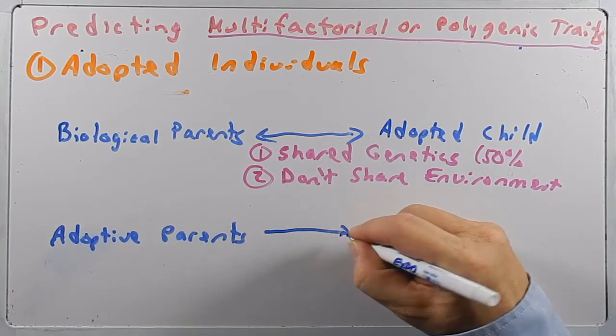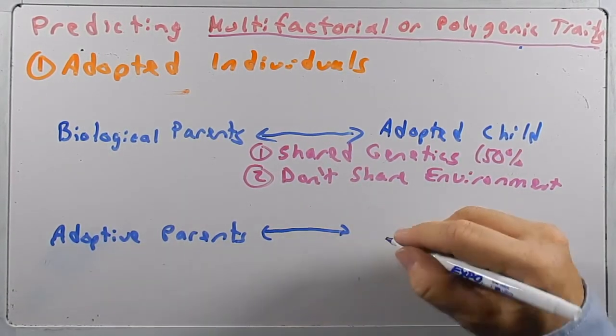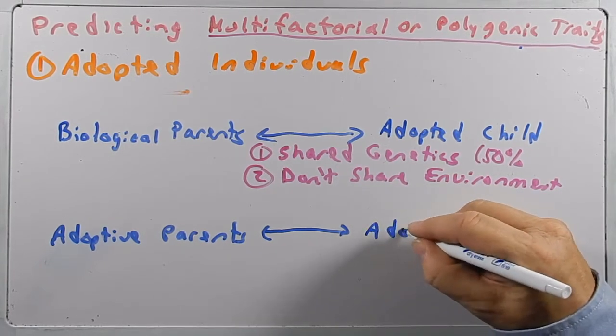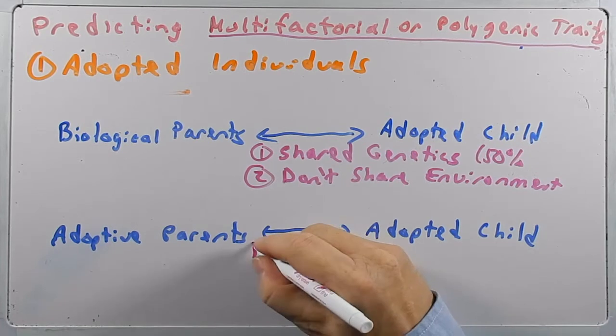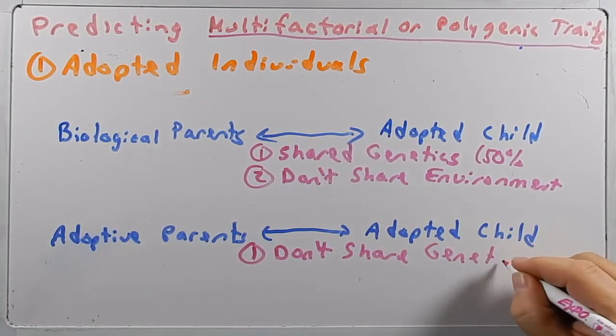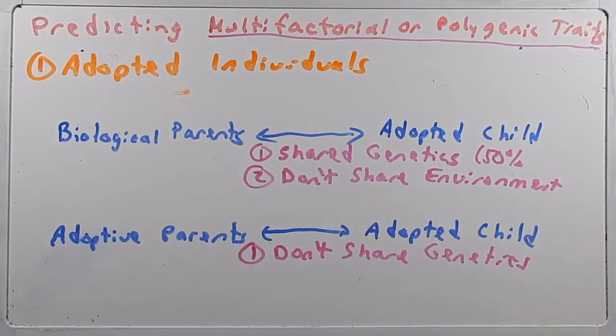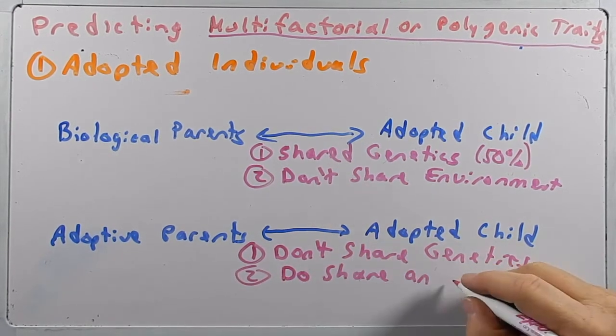Okay, so now let's think about what we can get from looking at traits in adoptive parents versus traits in the adopted child. First, they don't share genetics. I mean, except from the fact that we all share a common genetics, but they don't share a relatedness in their genetics. However, they do share an environment.